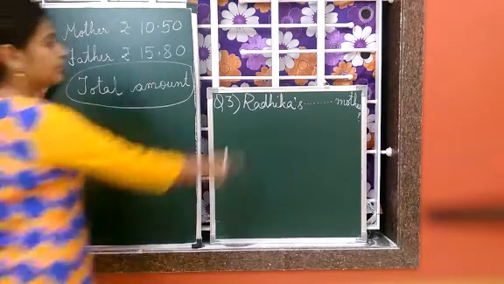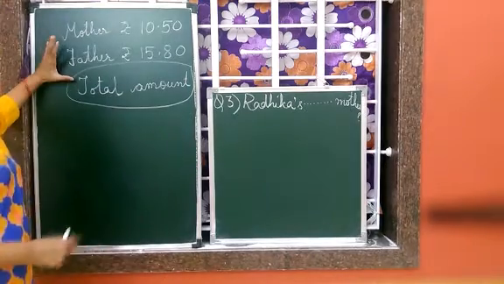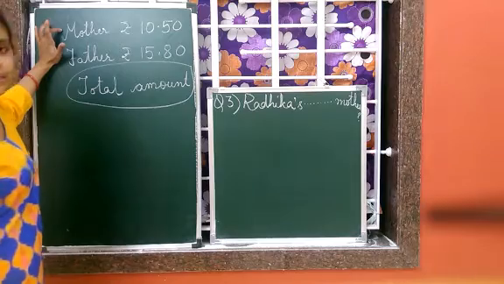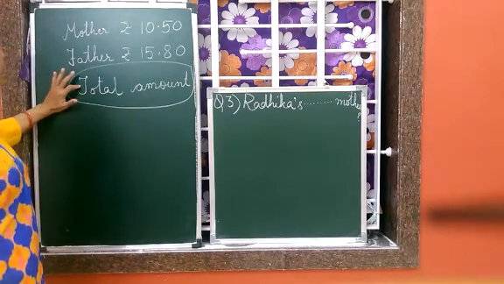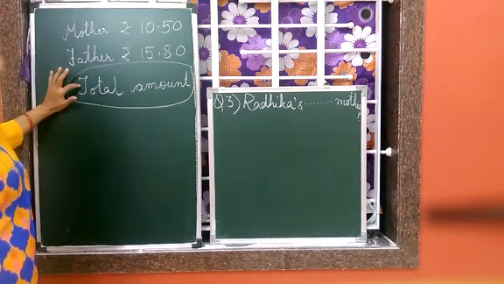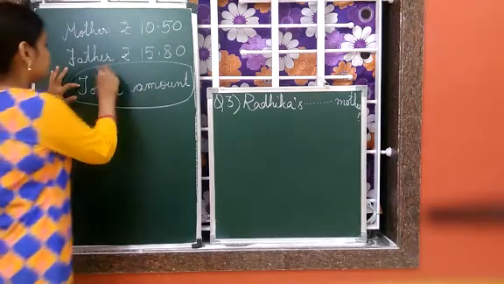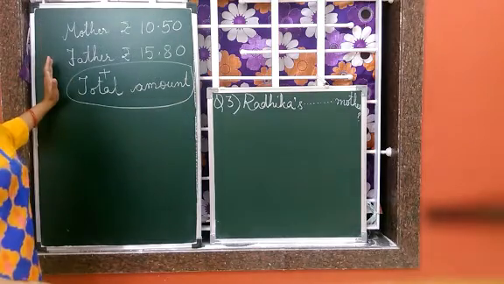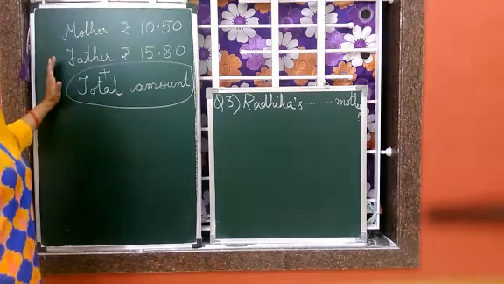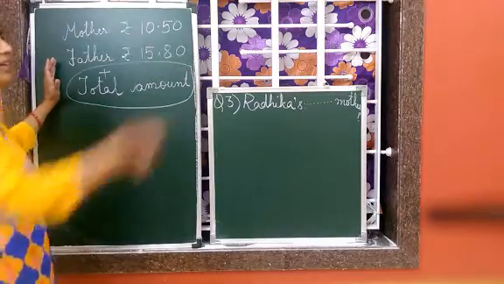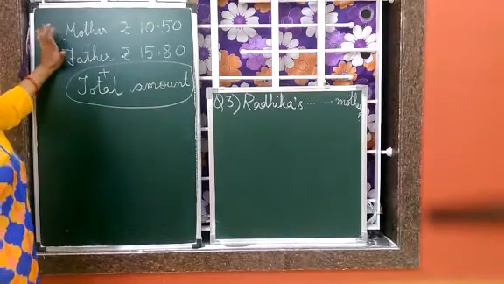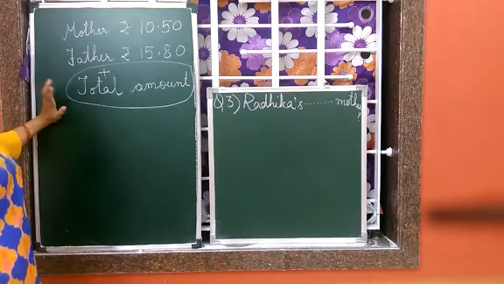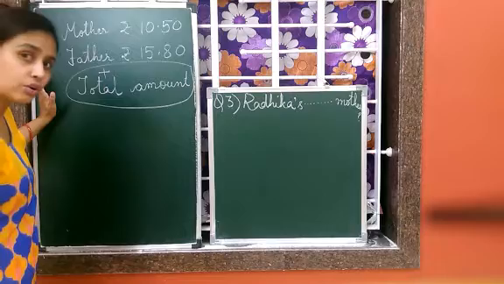You can see the word problem changes into a small quiz. We have to crack the quiz now. Mother is giving money, father is giving money. We have to find the total amount. Total amount means plus. So we are going to plus. Now, word problems always have statements. Now we face a lot of problem to write those statements. Correct? So the first statement will be on mother, second statement will be on father, final statement will be on your keyword, that is your clue.